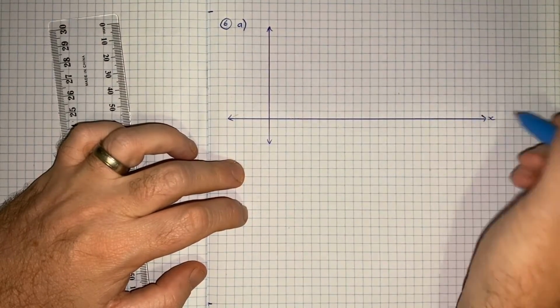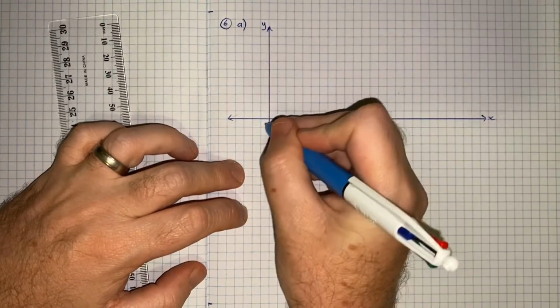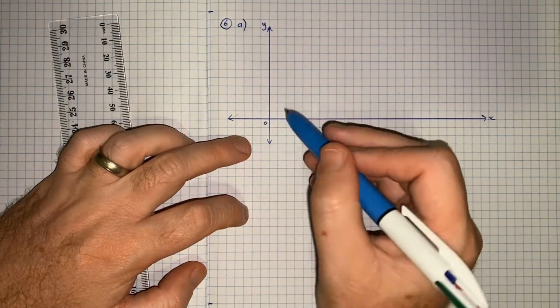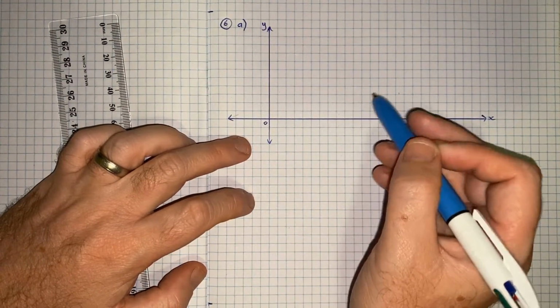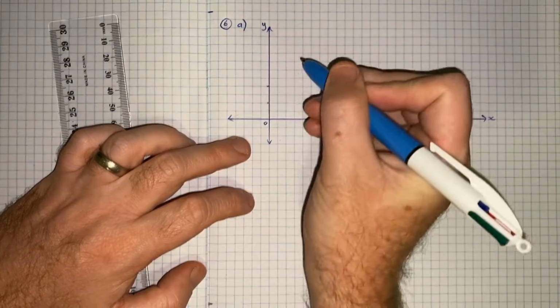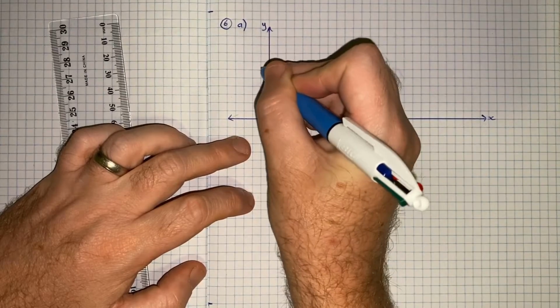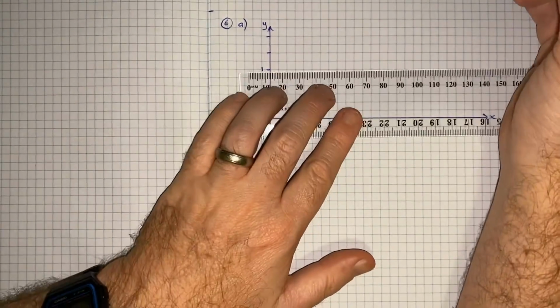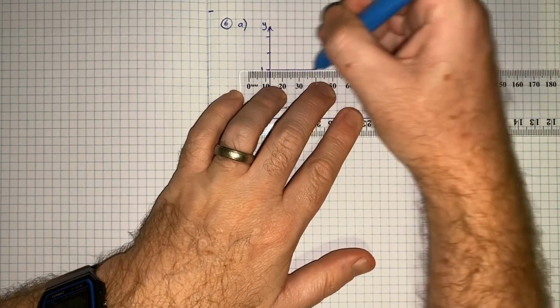So we'll have our x and y axis. Here's 0. Now here we're looking at the sine curve and rotating about the line y is equal to 1. So maybe I'll just define this as 1, and I'll draw that line y is equal to 1.